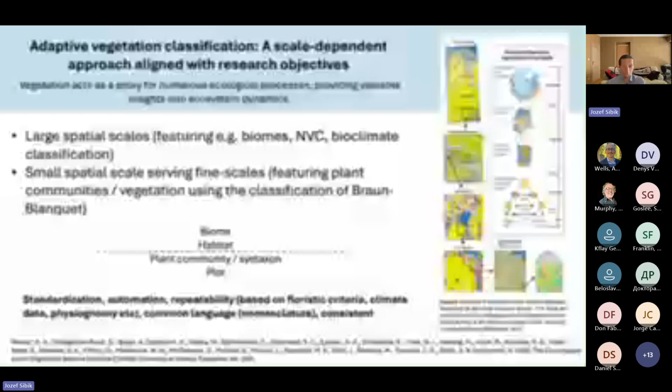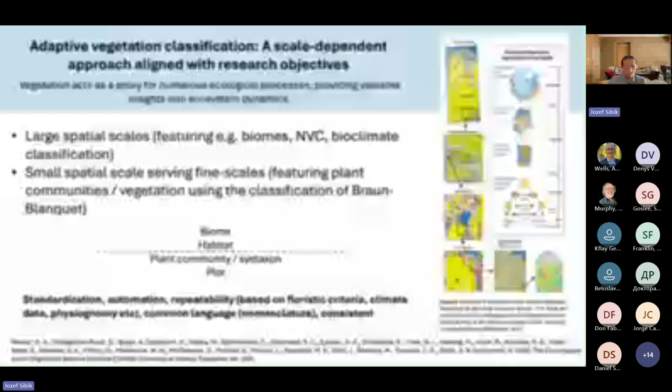So we can have a vegetation classification system for large spatial scales. We can use the biome system, the NVC system, or bioclimate classification. And we can have also a small spatial scale that is using, for example, the Braun-Blanquet or habitat approach. So it doesn't matter. And this is just an example.